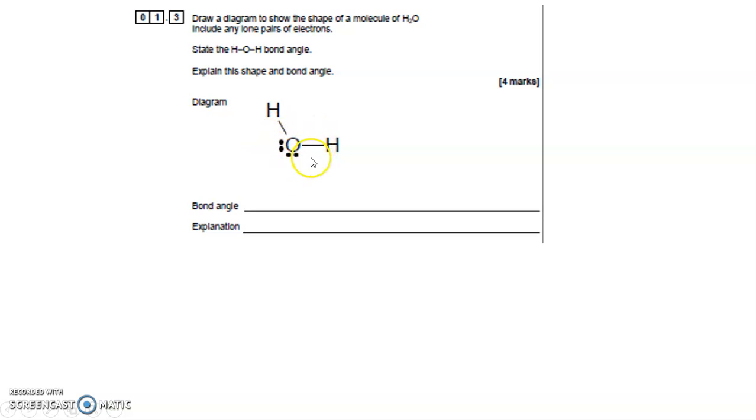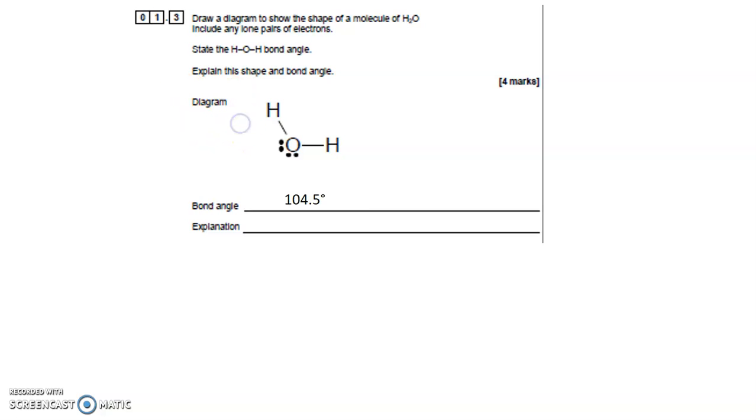So it goes down from something tetrahedral like CH4 from 109.5 to something with 1 lone pair and 3 bonding pairs like ammonia to 107, from 109.5 to 107, down by 2.5. And then when you get 2 bonding pairs and 2 lone pairs, it comes down by another 2.5 to 104.5.